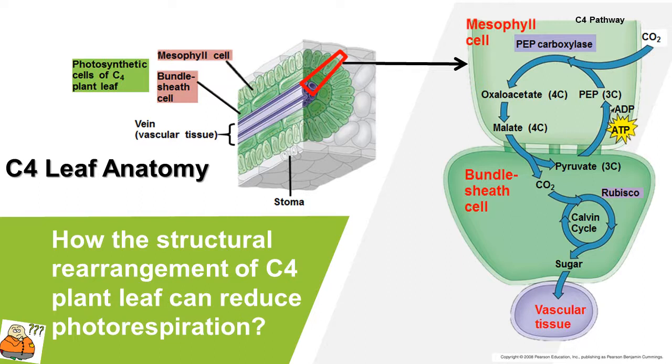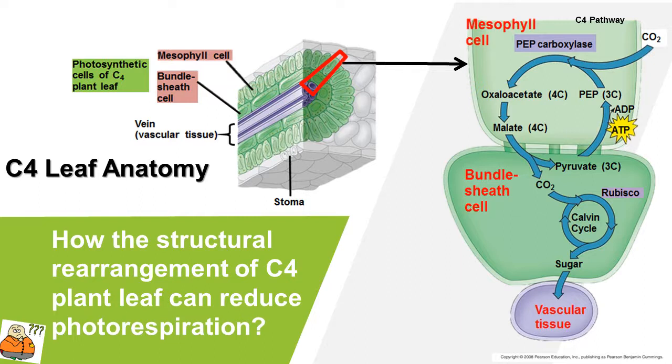This results in a molecule named oxaloacetate. Oxaloacetate is then converted to malate. Malate enters the bundle sheath cell, releases carbon dioxide, and becomes pyruvate.